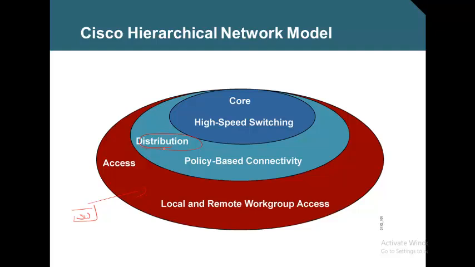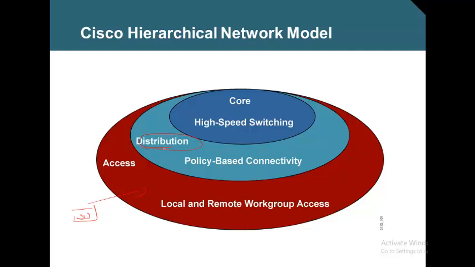Now, for layer 2 communication, you need only switches, and we call it the access layer. Whenever I want to communicate from one LAN to another LAN, one layer 2 domain to another layer 2 domain, the traffic will go to the distribution layer.